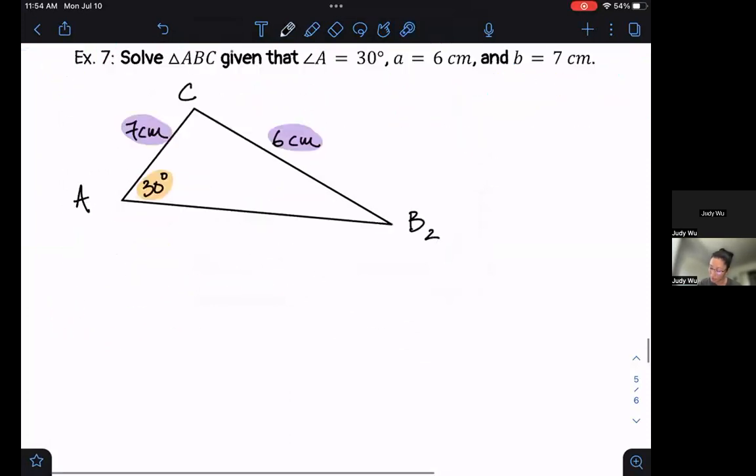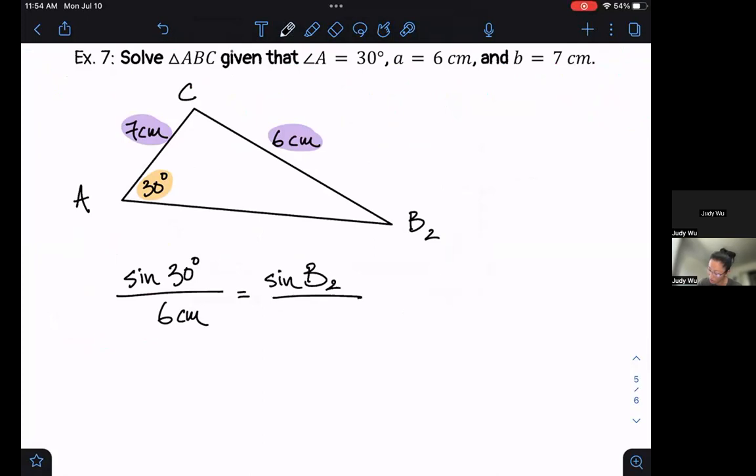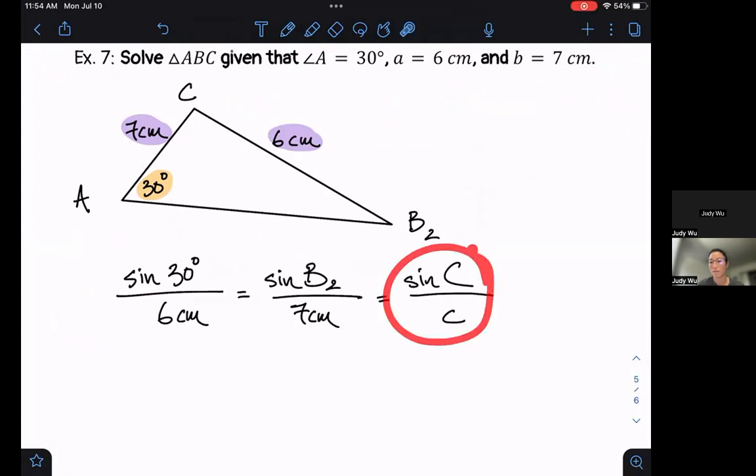Now, if I set up here for my law of sines, I'm going to get sine of 30 degrees over 6 centimeters equals sine of B2 over 7 centimeters, which equals sine C over c. And you'll notice that I don't have any information about C, so I can't do anything with that.